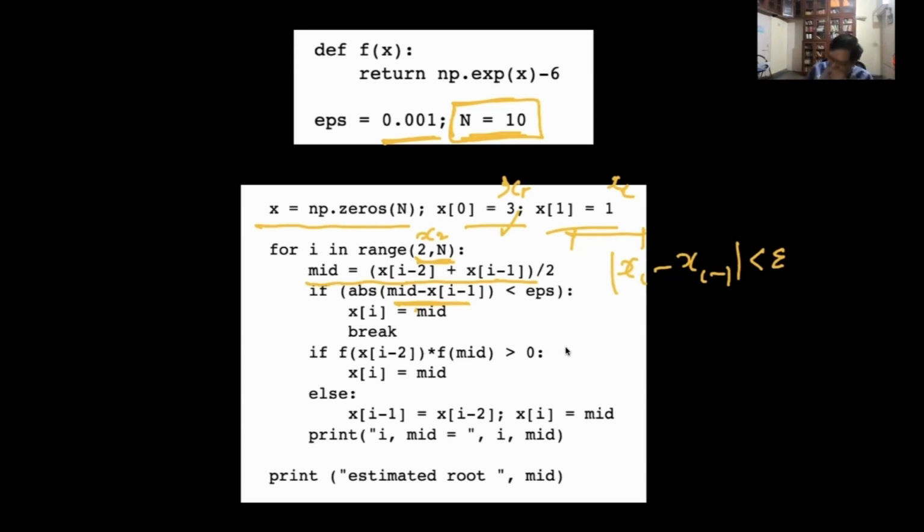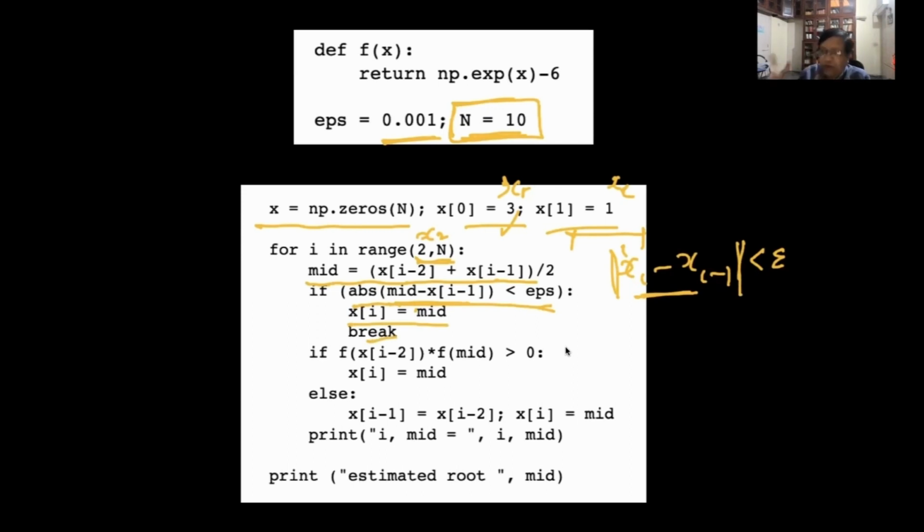So I look at the two values, and if the difference is less than epsilon, then I stop the iteration. That's the condition for stopping the iteration. So if the mod is less than epsilon, I say xi equals mid and break.